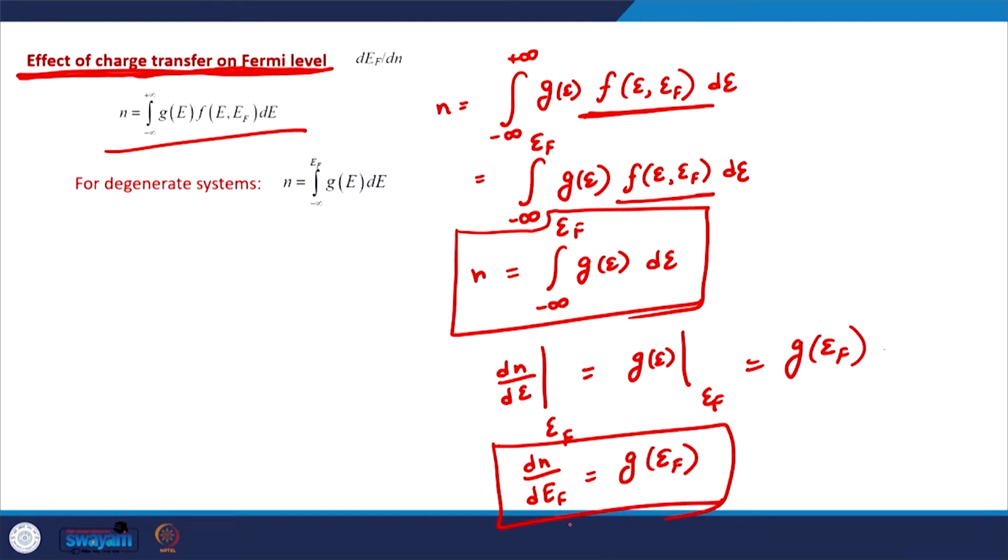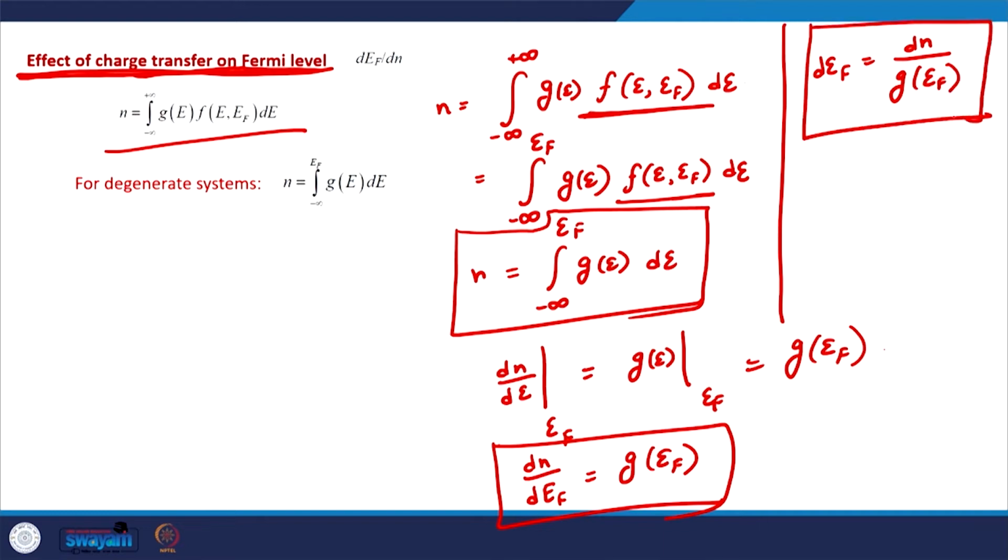What it means is that dEF is equal to dN divided by G(EF), which means that if there is a transfer of delta n electrons from the contact to the molecule, the change in the Fermi level delta EF will be delta n divided by G(EF).